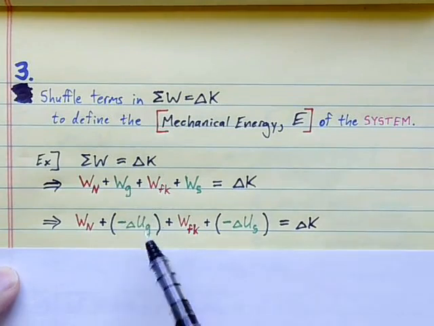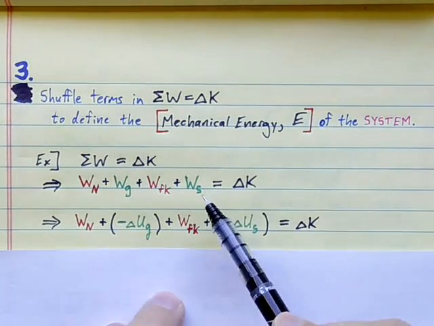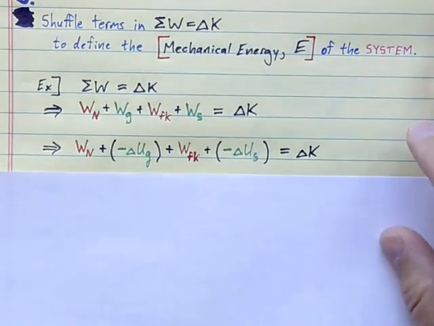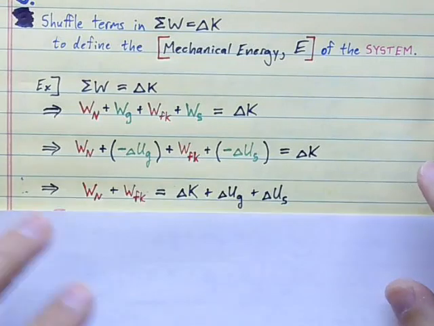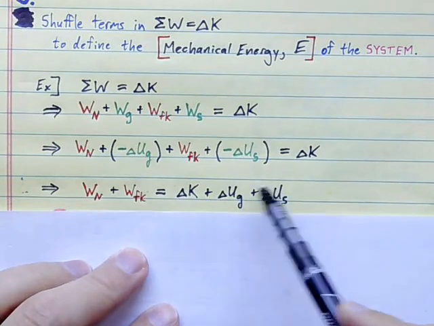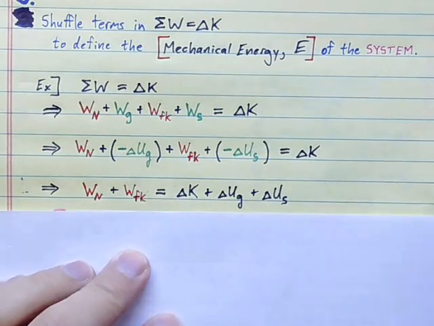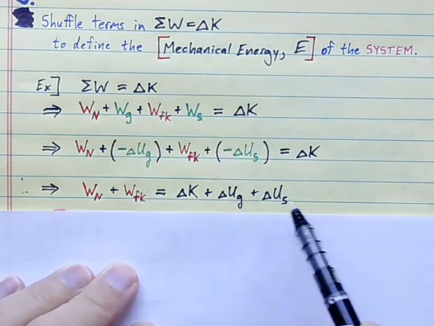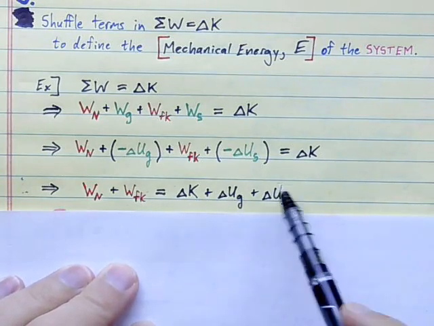Work done by gravity is equal to the opposite of the change in gravitational potential energy, and the work done by the spring is equal to the opposite of the change in the spring potential energy. So now I'm going to regroup these terms. I'm going to move the delta U's over to the side with kinetic energy. So I've got these non-conservative works here and the kinetic and potential energies, or the changes in those energies, over here.